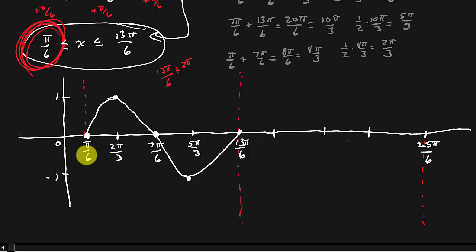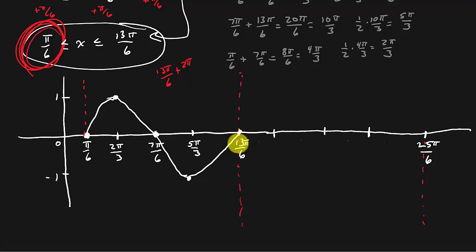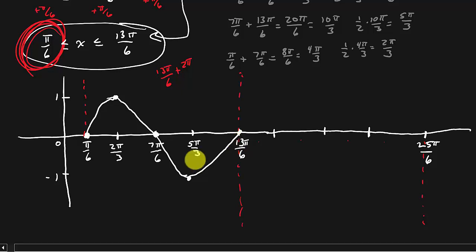Okay, and then you can go back and do the same thing. You can add these up and then halve it. Or what you could do is add 2 pi to each one of these values to get these. So if I add 2 pi to that, 2 pi over 3 plus 2 pi, that's 8 pi over 3.